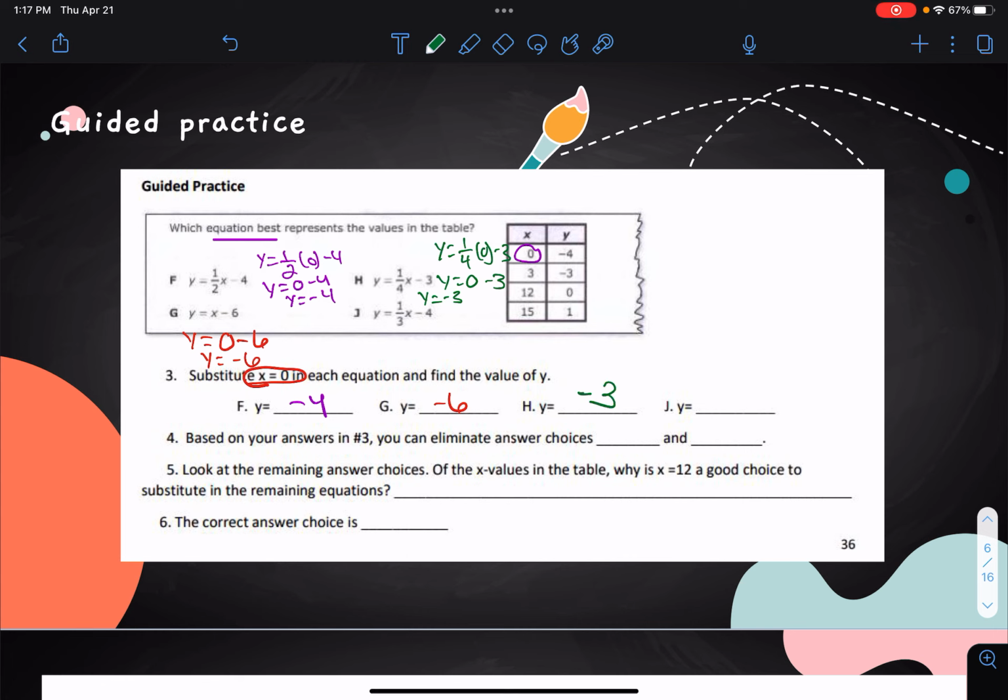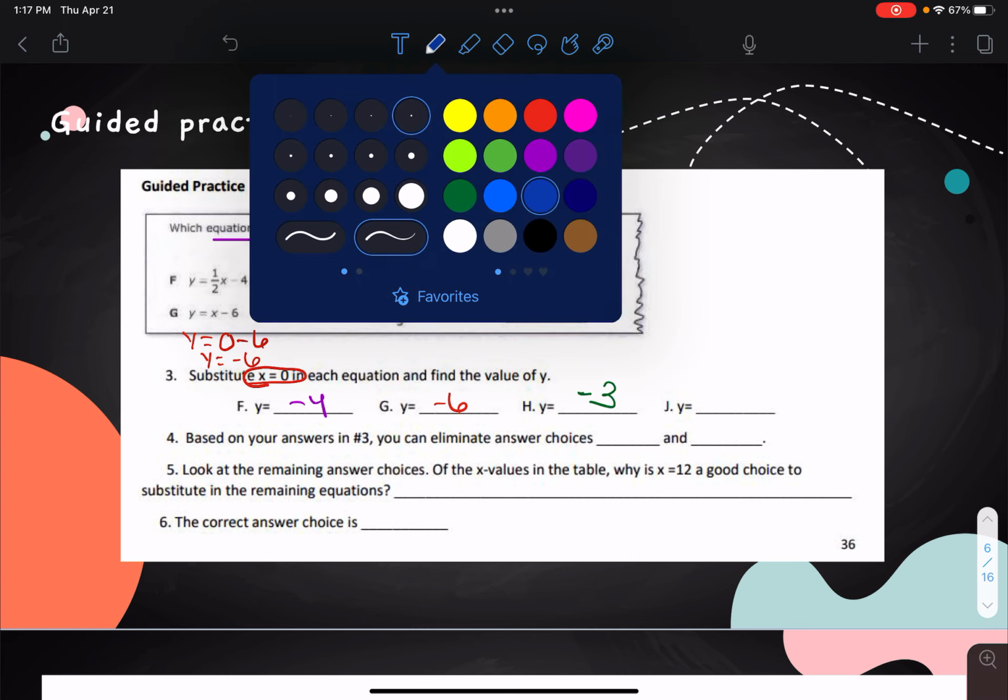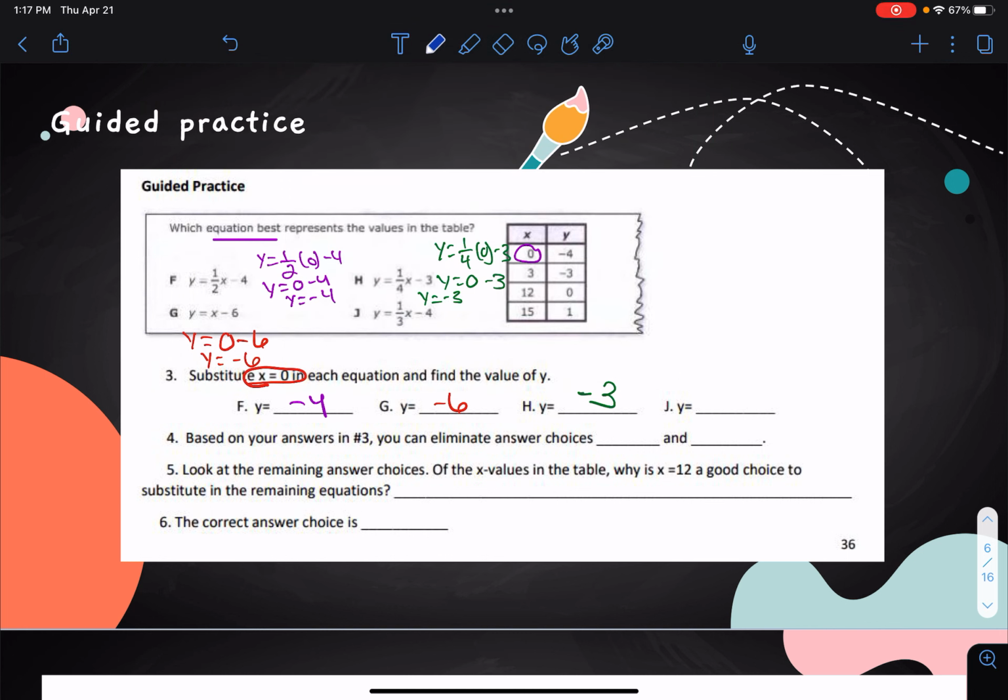And now, last but not least, J. And J tells us that y equals 1/3 x minus 4. And remember, it asked us to substitute 0 for x. So we're going to have y is equal to 1/3 times 0 minus 4. And if you're wondering where we got the 0 from, it's right here.